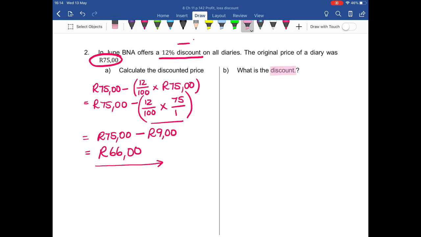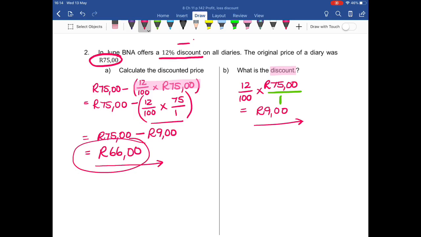Well, the discount is just this calculation, 12 over 100 of 75 Rand in your calculator, and you can put that over 1. If you do that, you are going to get your 9 Rand. So please understand, 9 Rand is the discount. The discounted price is 66 Rand.